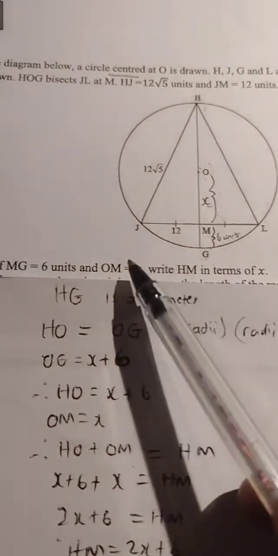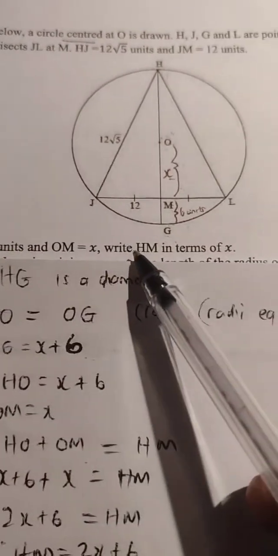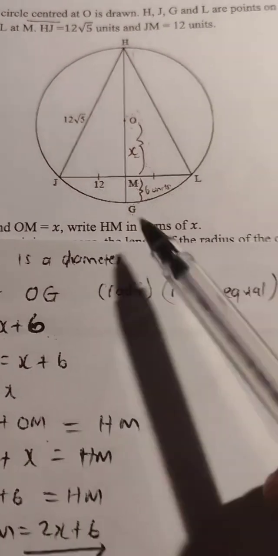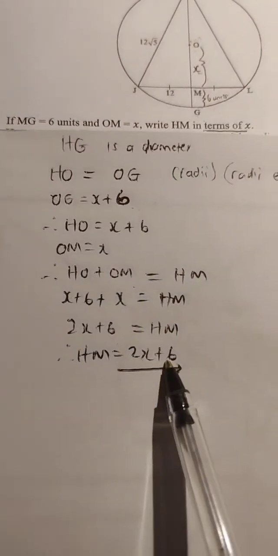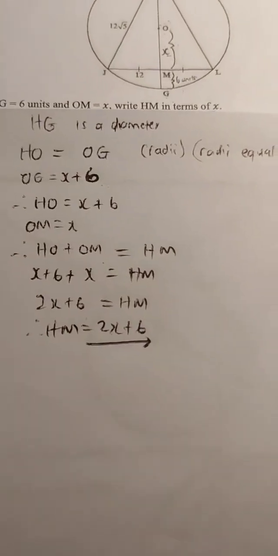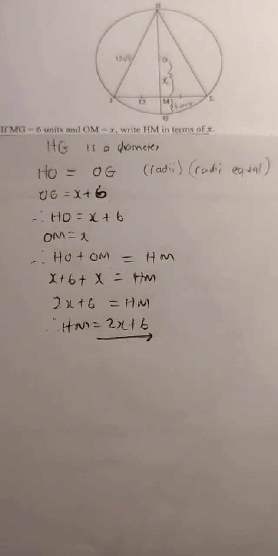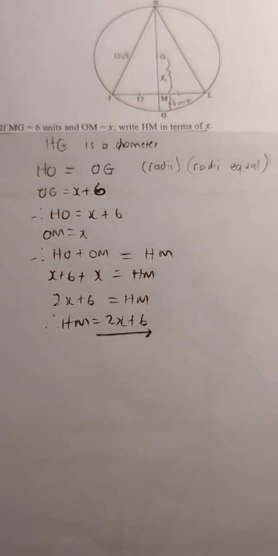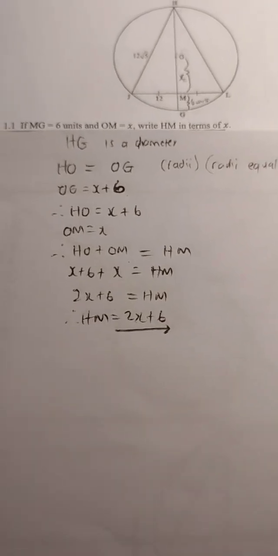That is HM in terms of X. When they say in terms of X, one of the terms in the expression for HM should have the variable X. That's what they mean. So we're able to figure out what the length of HM is.